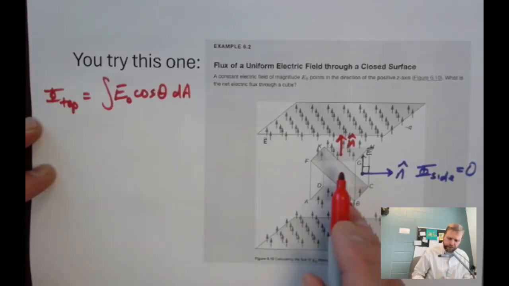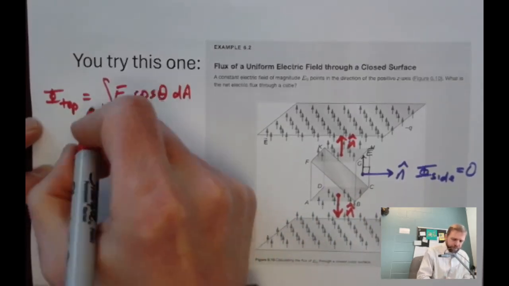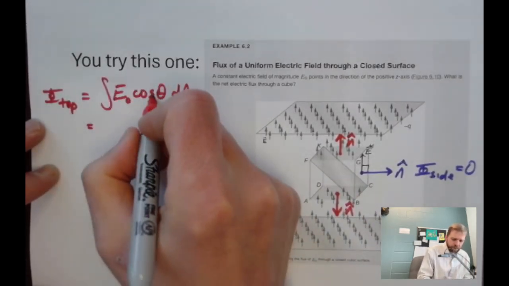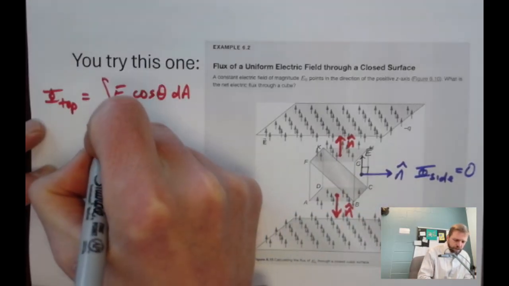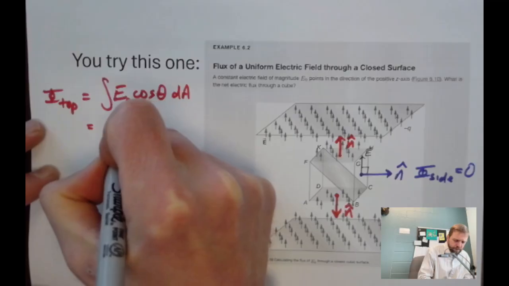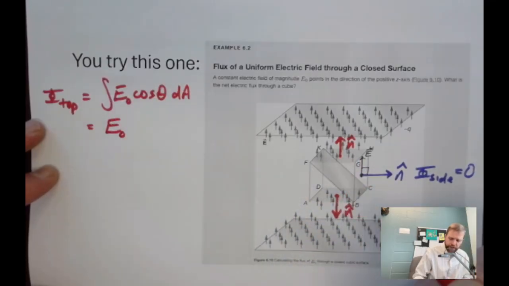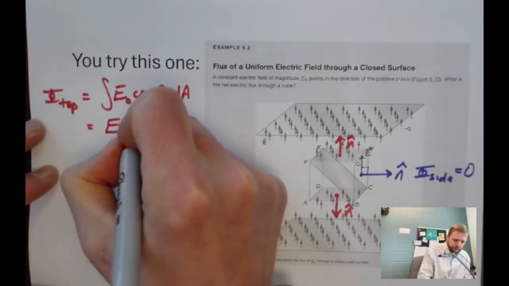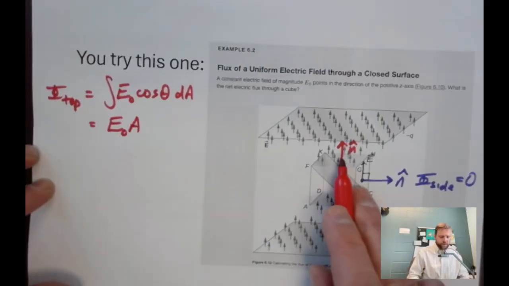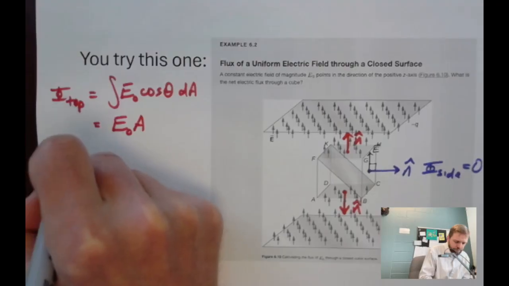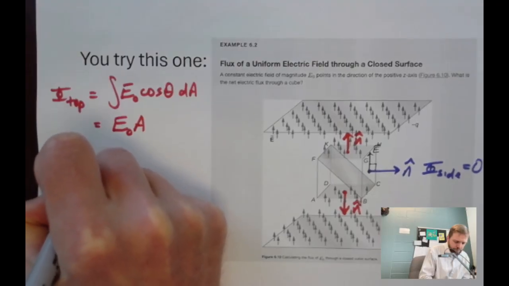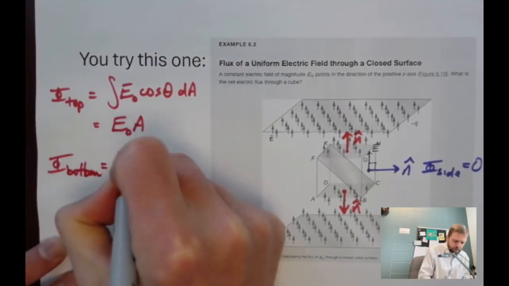All right, and so then the angle is 0, so cosine is 1. So this is going to be equal to E0 times whatever this area is. Let's just call it A. Okay. All right, and then let's do the bottom. So the bottom, it's the same thing.